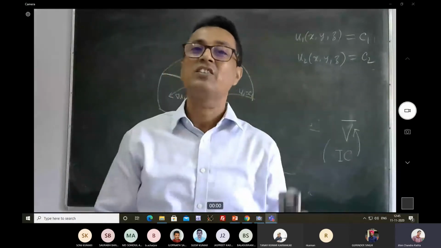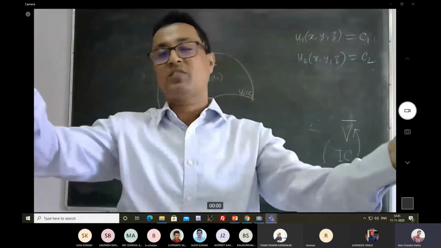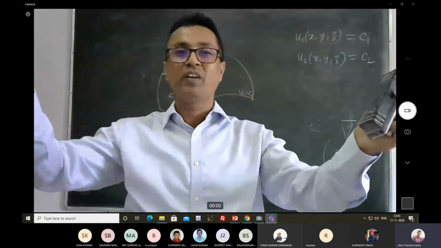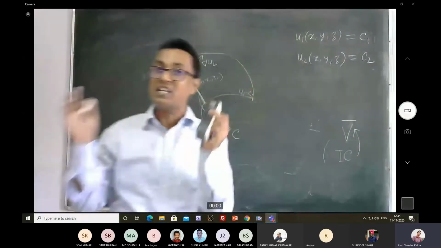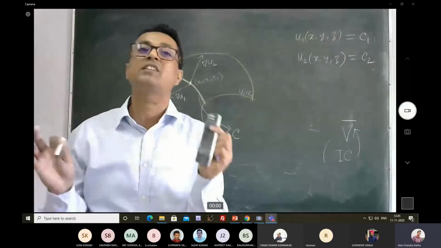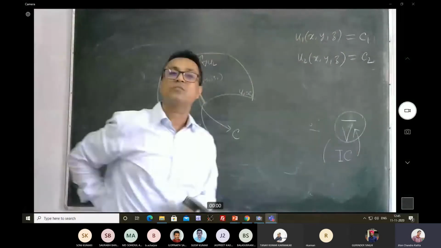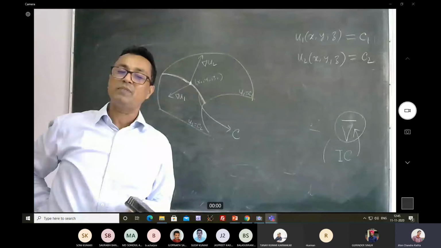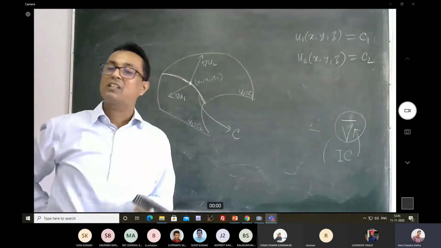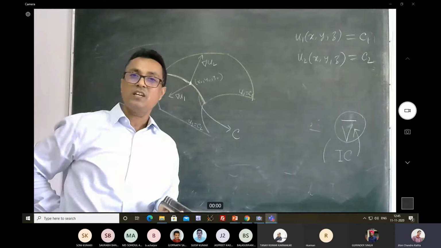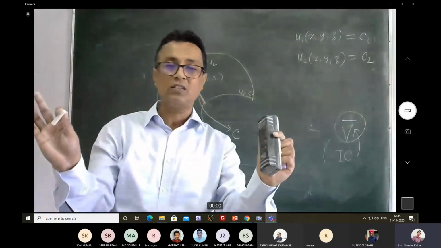Just think of C as an independent curve lying in space. What is going to happen if C is the integral curve of the vector field V? What must happen? At each point of C, V must be a tangent vector. Is it clear?